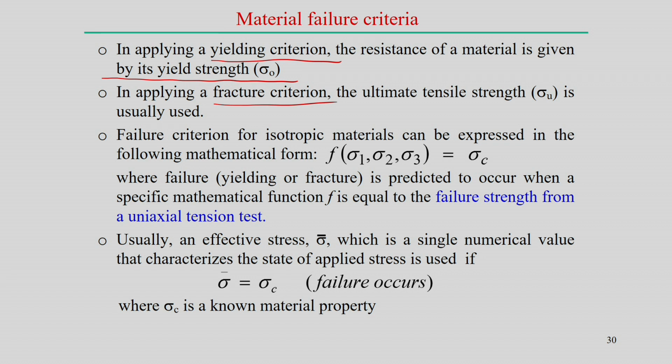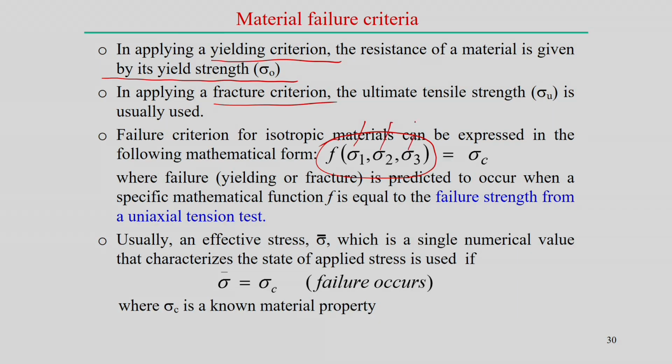Therefore, the failure criteria of an isotropic material is often expressed in mathematical form, as a function of sigma 1, sigma 2 and sigma 3, the three principal stresses.